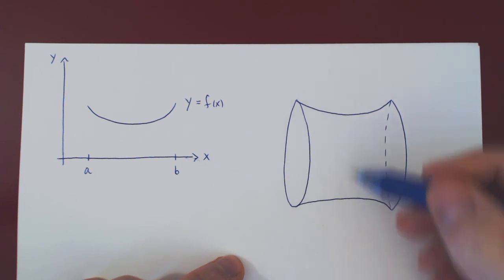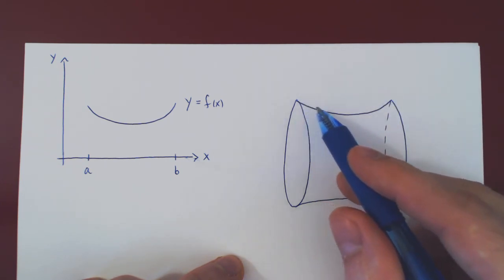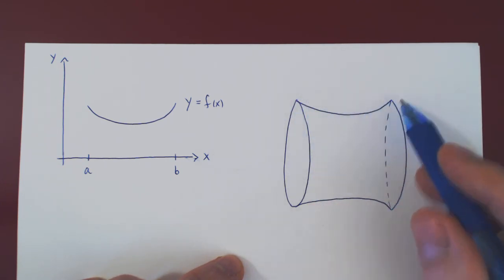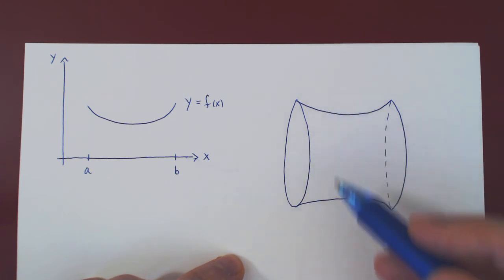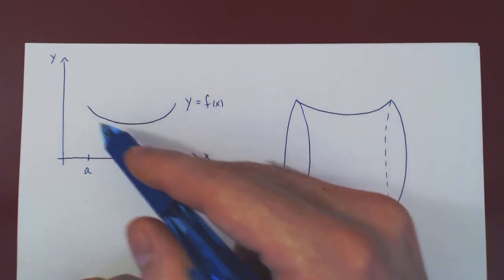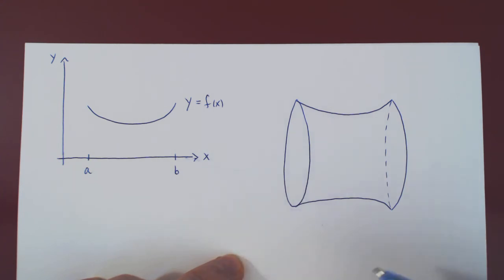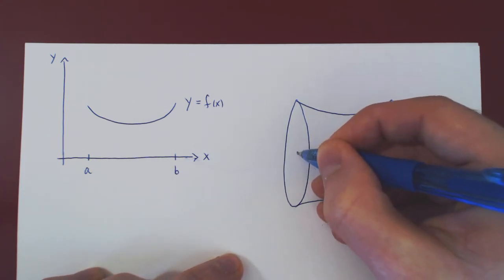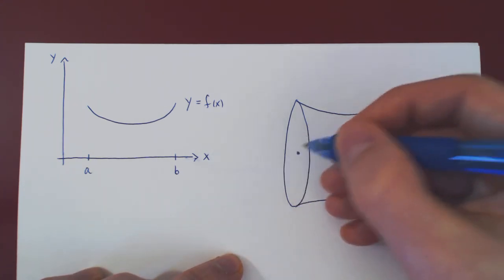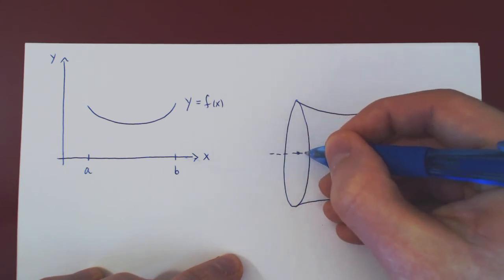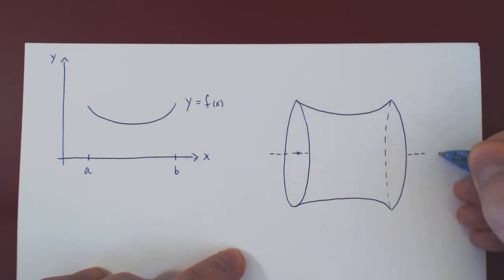You can imagine it looks a little bit like some crooked cylinder, right? The cylinder would have straight edges, but now the edges of the outer shell are given by the curve y equals f of x. And of course the center of this surface of revolution is the x-axis.